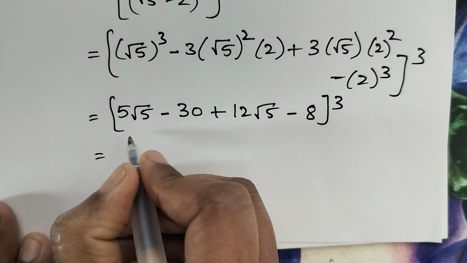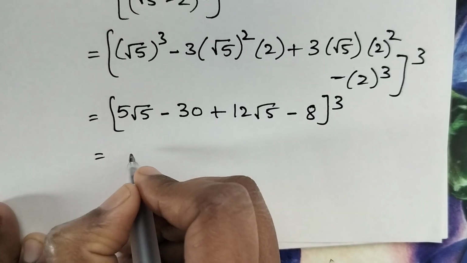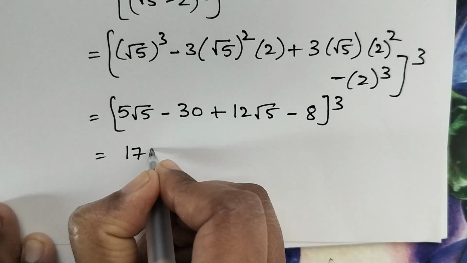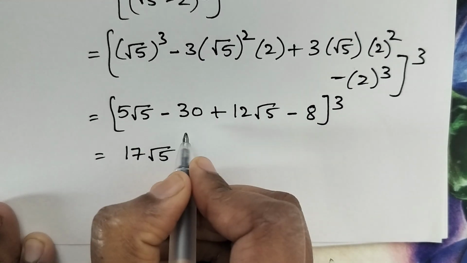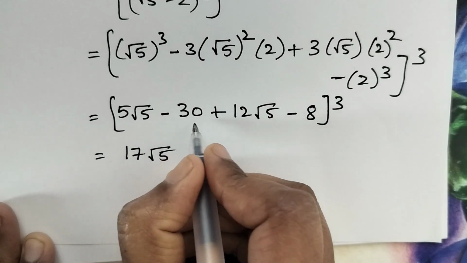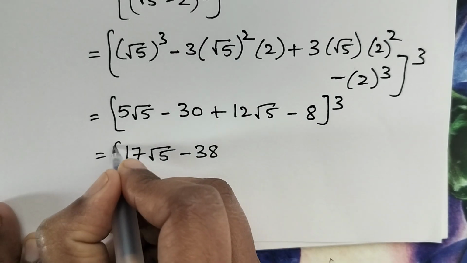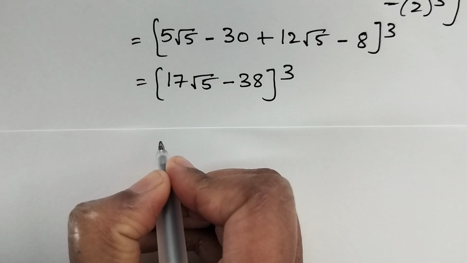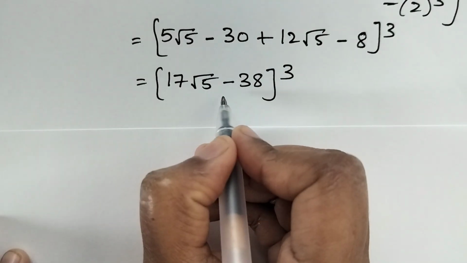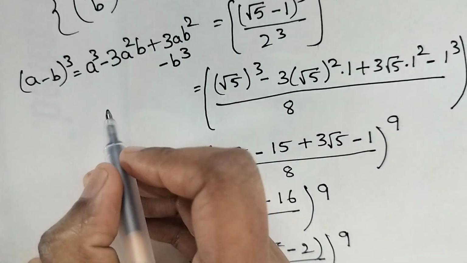So here, 5 square root of 5 plus 12 square root of 5, which is equal to 17 square root of 5. So 12 plus 5 is 17, right? So minus 30 minus 8, which is equal to minus 38, whole to the power of 3. See, this is again in the form of a minus b, right?